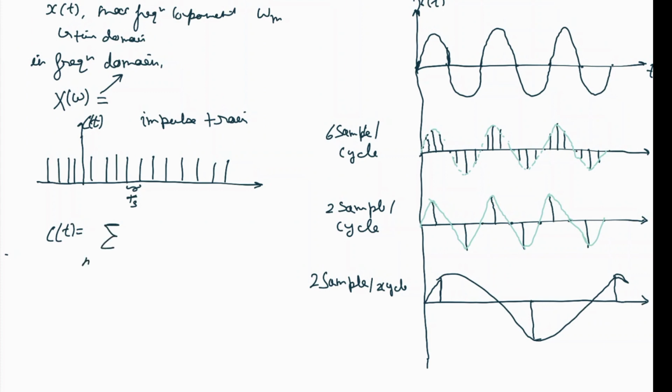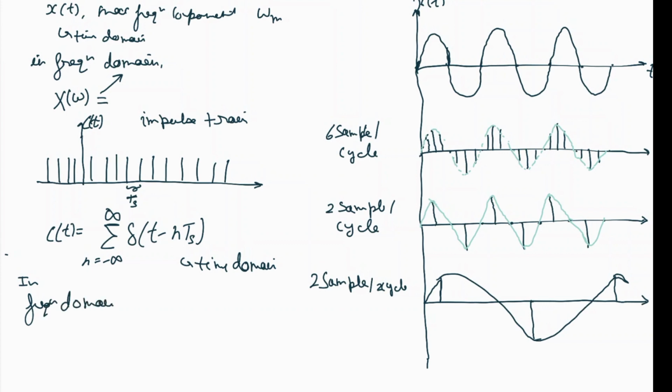In time domain this impulse train signal can be written as the summation over n from minus infinity to infinity of delta function (t minus nTs). This is the time domain representation of the impulse train function or sampler signal.